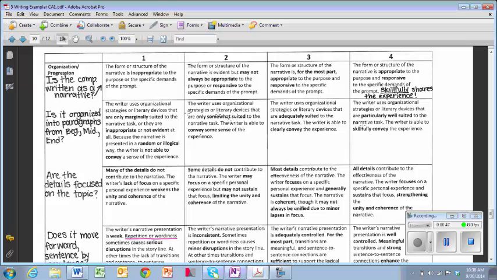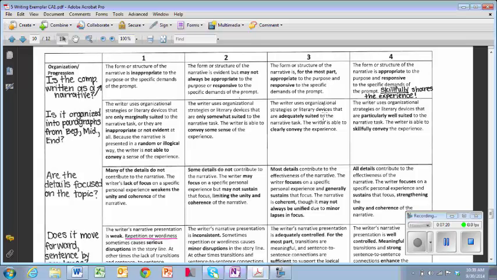So to get a 1, maybe it's because the writing is given to you in a random order, or it's not really evident that they understand how to use those paragraphs. Maybe a 2 would be if they write 3 paragraphs, beginning, middle, end, and they're somewhat suited and they're okay. Really, to get a 3, the paragraphs that the scholar uses are clearly conveying the experience.